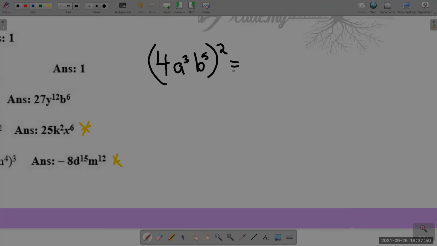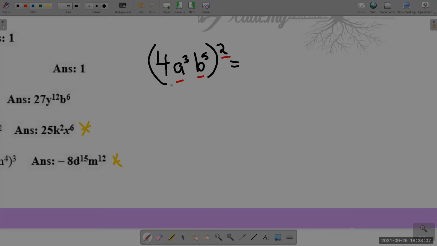Okay, so she thinks it's going to become something else. What is going to happen to it? What should we do to the 4? Just like how you apply this square to the B and the A, what is going to happen to the 4? Okay, so somebody else thinks it's going to become an 8.